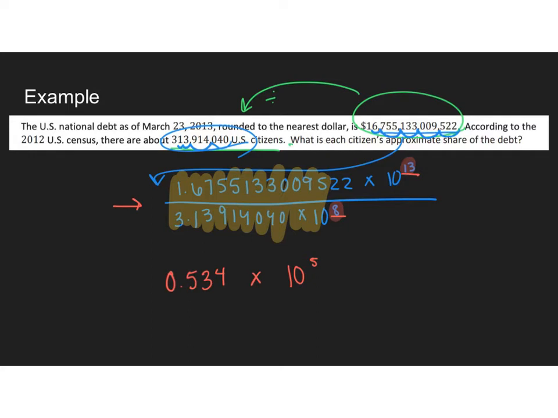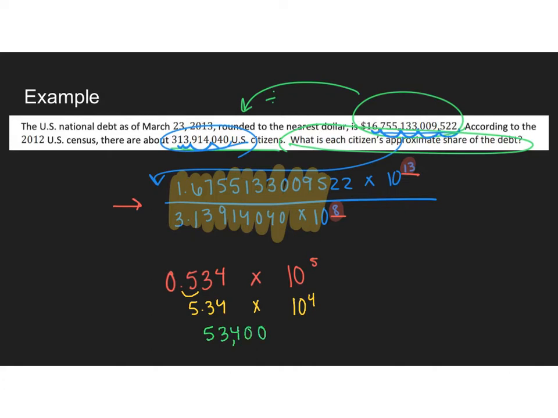It's asking us what is each citizen's approximate share of the debt. We could write our number in scientific notation if we wanted to. We would just need to move this over 1. This becomes 5.34. And if we made that number bigger, we make this smaller. Or we could actually write our number out as an expanded form number. So 534, move this 1, 2, 3, 4 spaces.